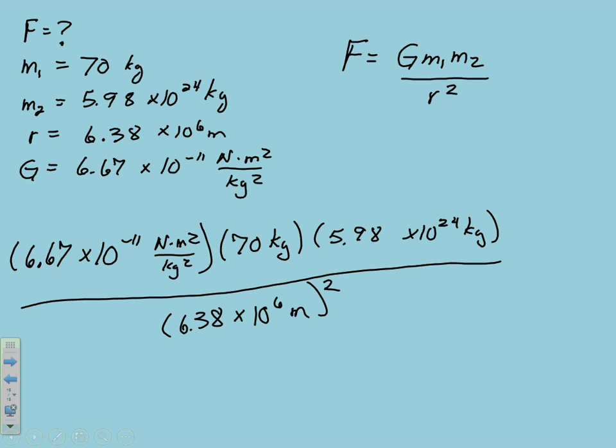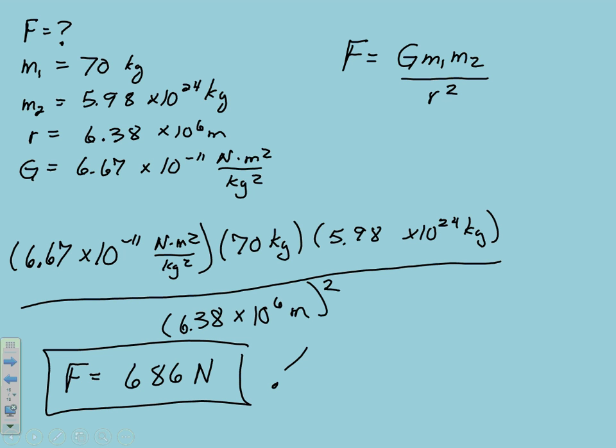Be really careful putting this in your calculator. There's lots of things that can go wrong, but hopefully you do it all right. Your force, when you calculate, look at that, 686 newtons. So that force of attraction is the same as the weight of the student.